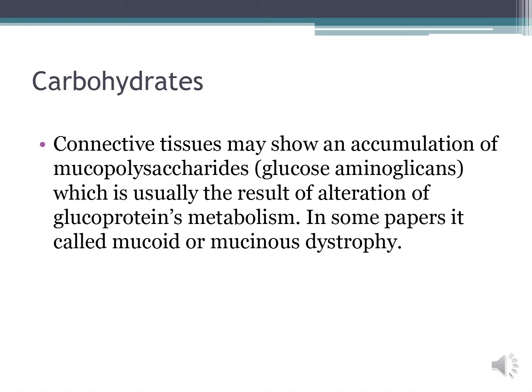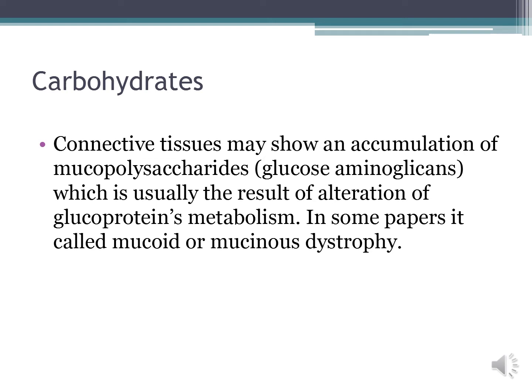Now we go to carbohydrates. We see the connective tissue, which may show the accumulation of mucopolysaccharides, in other words, glycosaminoglycans. The accumulation of such carbohydrates usually is the result of alteration of glycoprotein metabolism.